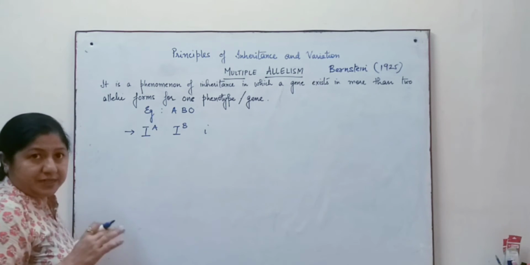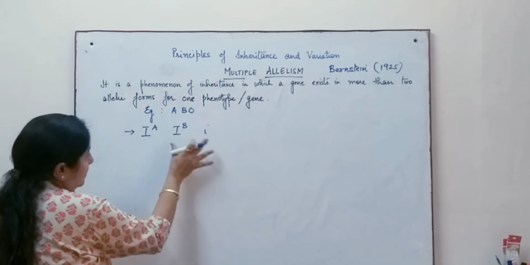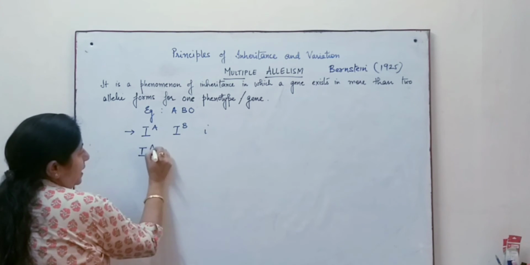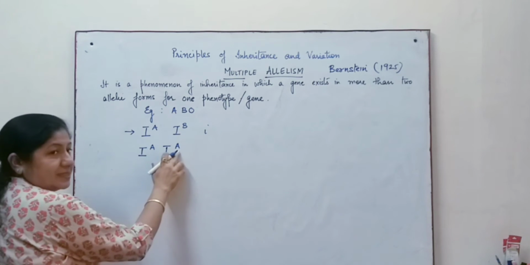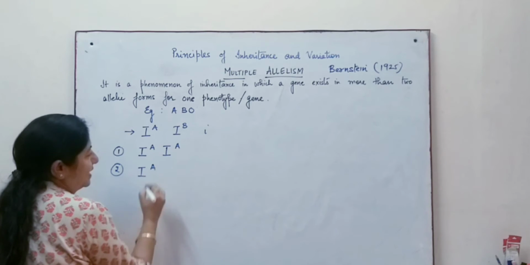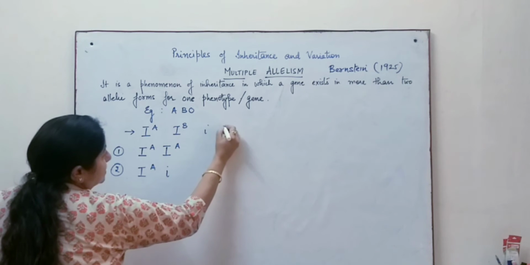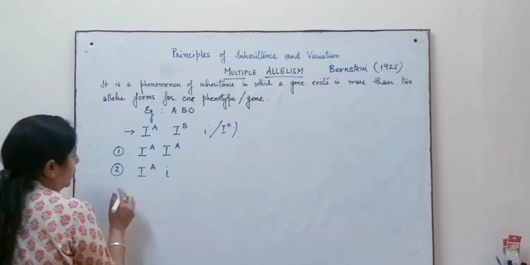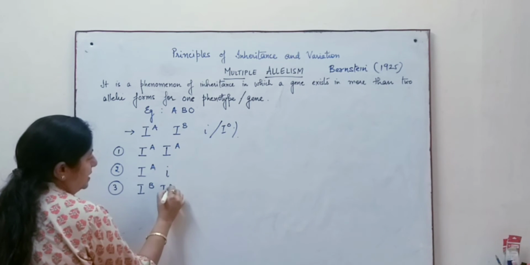Now let us try and understand with the help of an example. The first possibility is IA with IA. The second possibility is IA with small i, or we can also write it as IO. The third possibility is IB and IB.